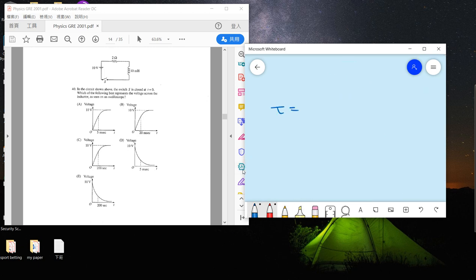Basically the time constant, as I just said, I remember, is L over R. So basically you have 10 divided by 2, which is close to D. Answer is D. Yeah, so you don't have to solve the differential equation in the subject GRE. You can use common electronics understanding and then know which one is correct. Okay, thanks.